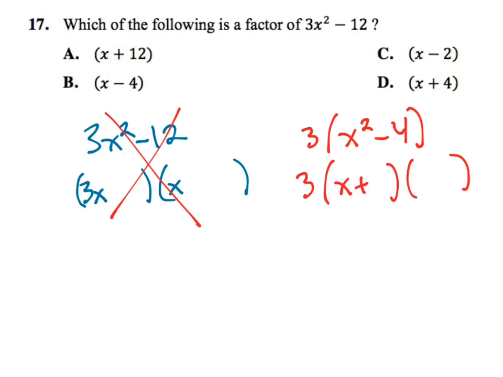Well, the first term of both has to be x, and I might recognize this as the difference of squares. So I'm x plus 2 times x minus 2. And now I can see which one of these, there we go, x minus 2 is a factor. To practice, AA8.